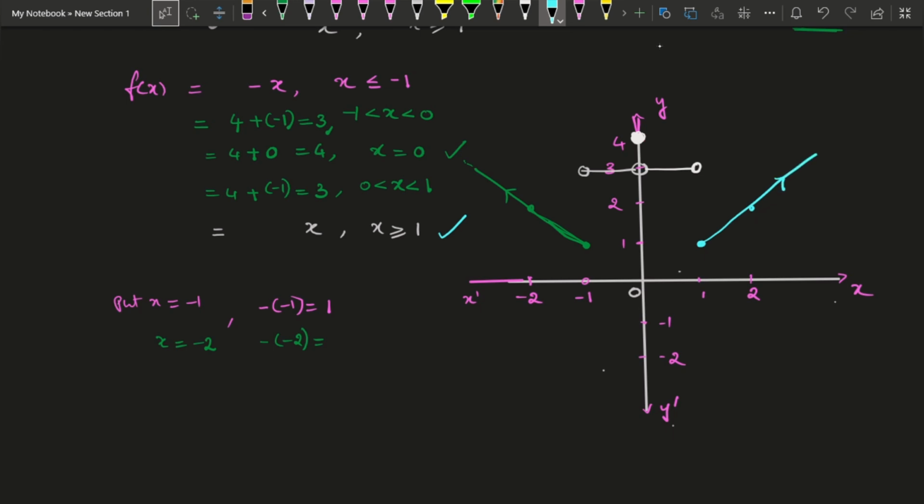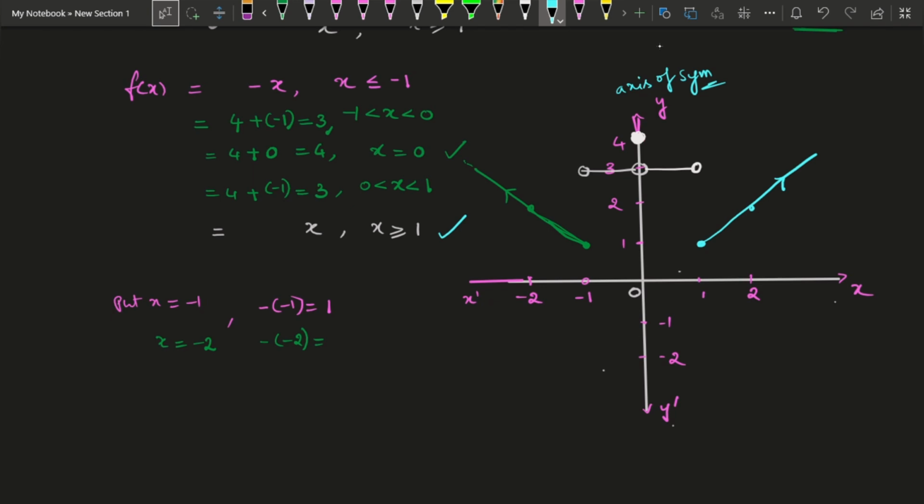Now look at this: obviously it is symmetric about the y-axis. Here the y-axis is the axis of symmetry. An even function is always symmetric about the y-axis. So if we fold the graph along the y-axis, both graphs, right of the y-axis and left of the y-axis, will coincide.